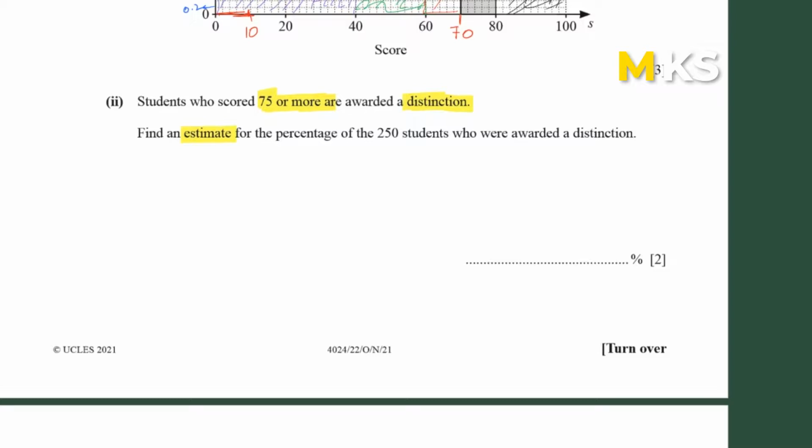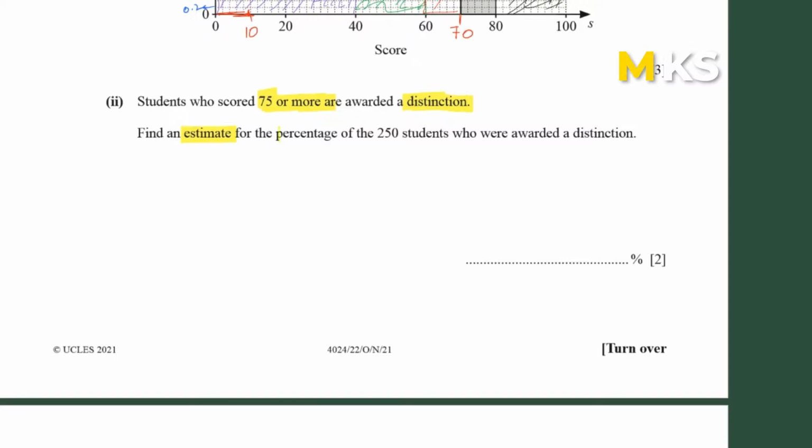This language is used in graph questions, in statistics questions, estimate the percentage, because we cannot find the exact value. Once we have converted a given data into group data, the individual identities are lost. Don't get confused by this word estimate and don't mix it up with the topic estimation. This is the language of the question in graphs or in statistics.